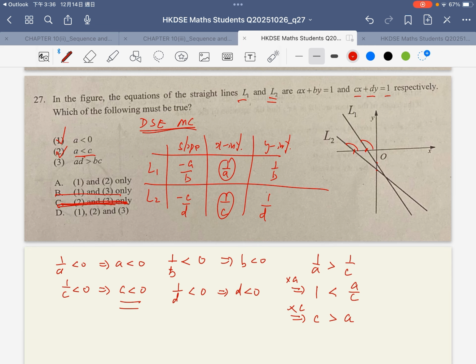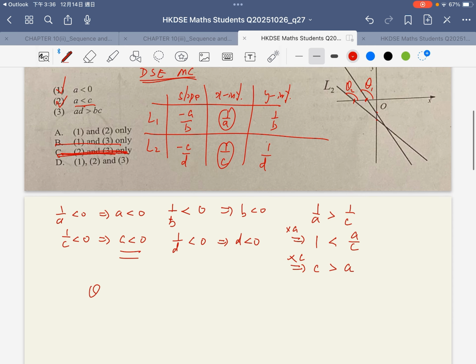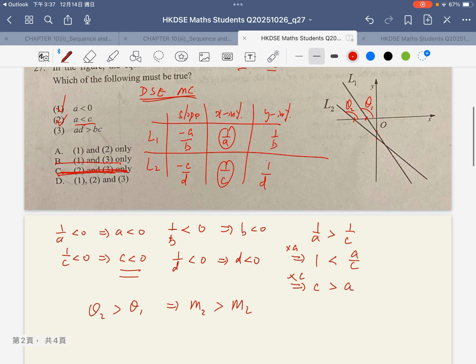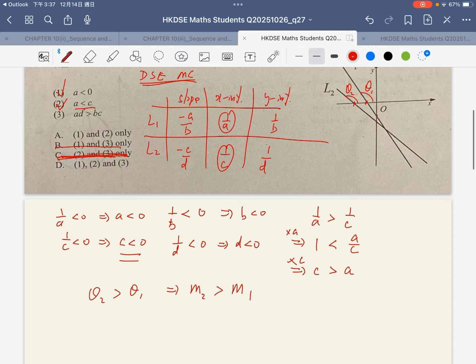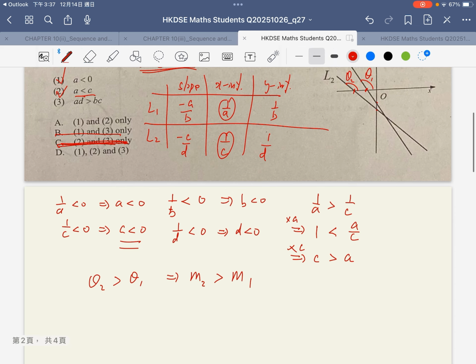Of course, this theta 2 is greater than theta 1. Then the slope M2 is greater than M1. Therefore, M2 is negative C over D, and M1 is negative A over B.